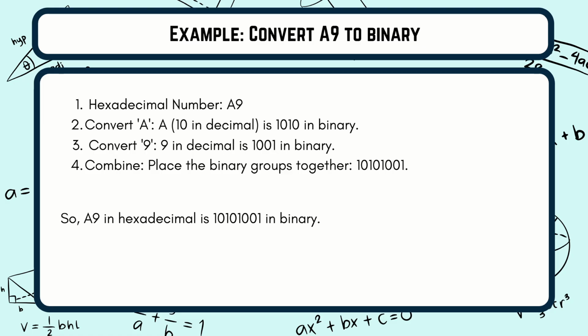We place the binary groups together and this is the result, 10101001. So that's the result of converting the hexadecimal number to binary. So A9 in hexadecimal is 10101001 in binary.